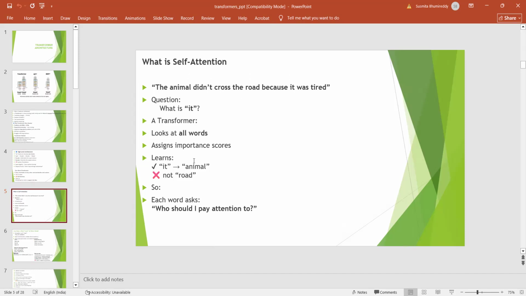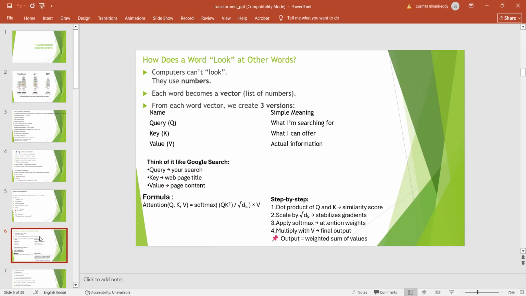Then it will learn that "it" refers to the animal, not the road. So each word asks which words it should pay attention to. Self attention means each word can look at another word to know which word is important, right?